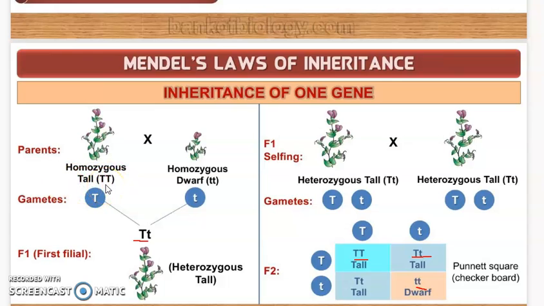And capital T and small t are written to represent the genotype of the plant, whereas the descriptive terms tall and dwarf are used to represent the phenotype. He said that capital T denotes the genotypic appearance, and tall and dwarf denote the phenotypic appearance, that is, their external physical appearance.